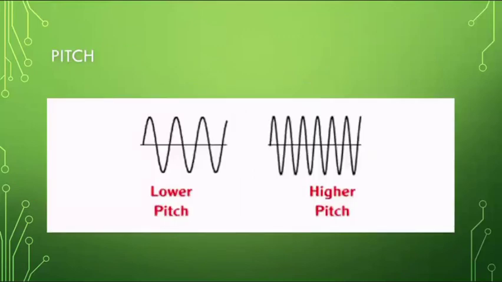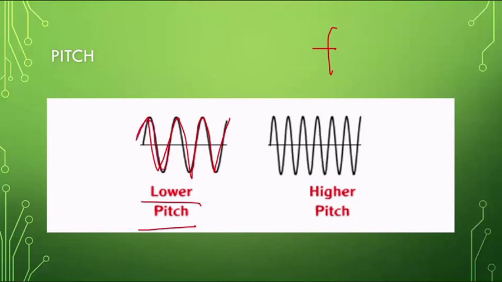Pitch. Pitch is related to frequency. If I have a lower pitch, it means that I have a lower frequency. There are fewer waves per second. Frequency is the number of waves generated in 1 second. So over here in 1 second, how many waves are being produced?